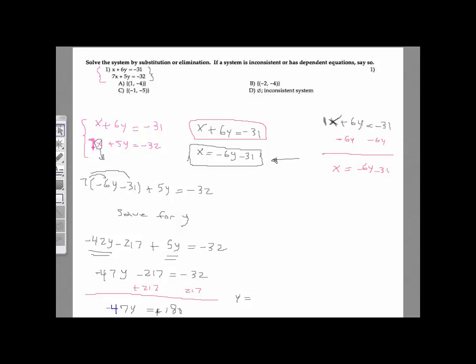That would be 185. Yeah, we're getting too late here, huh? 185. Thank you. So that would be 185, not 180. Thank you, thank you. So let's see what we got. We get 185 divided by 47.